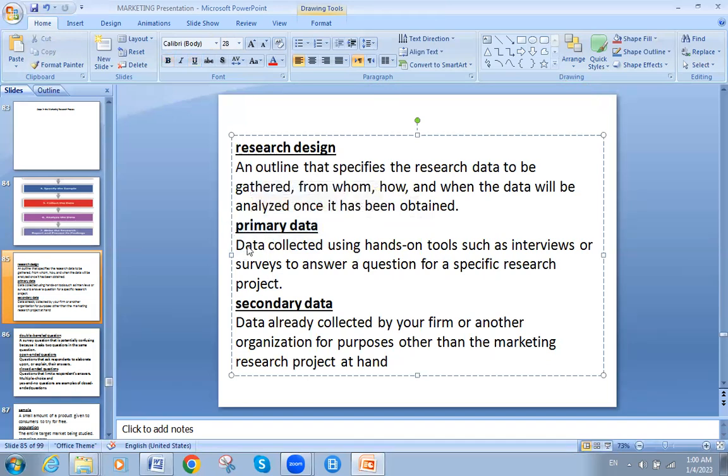The primary data is data that you collect for the first time, using hands-on tools such as interviews.